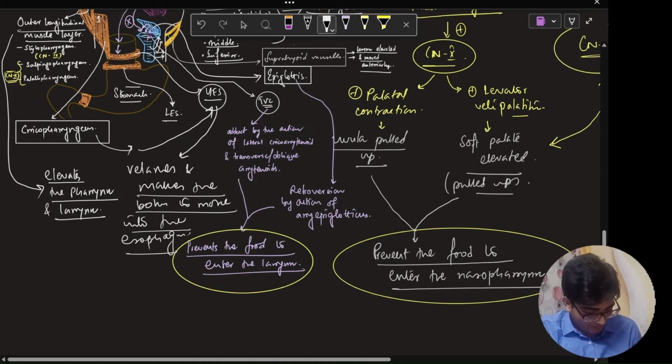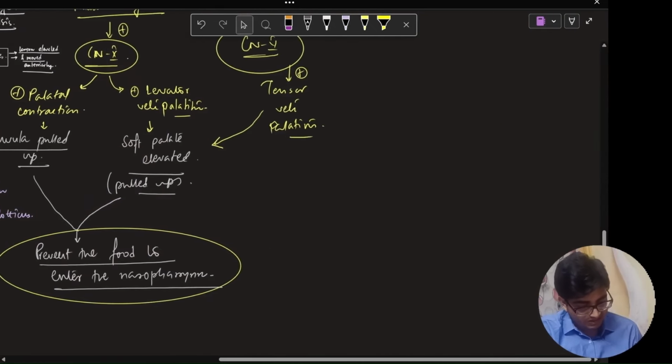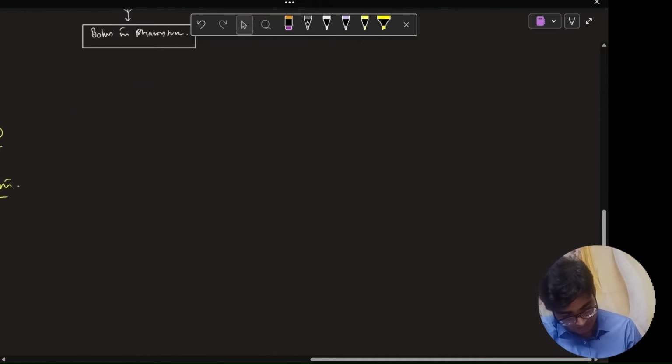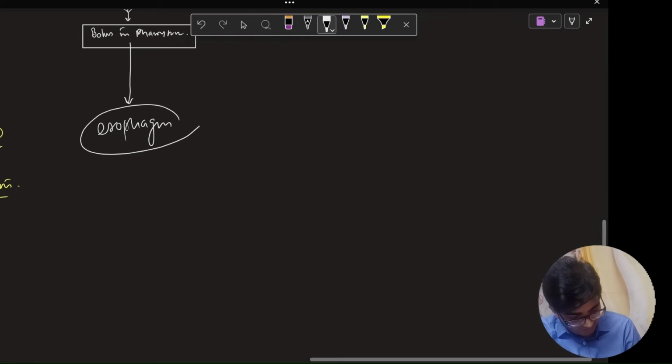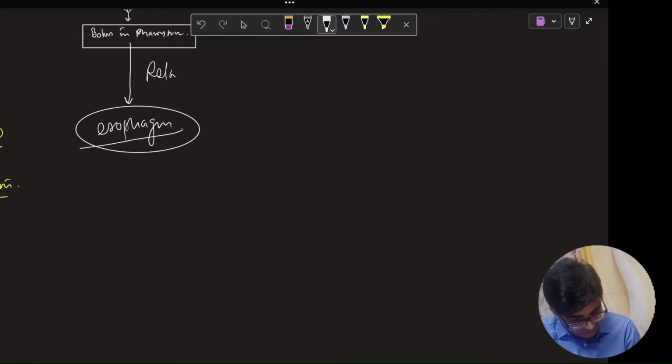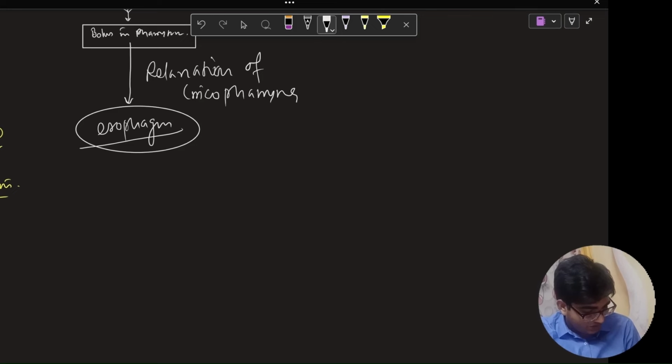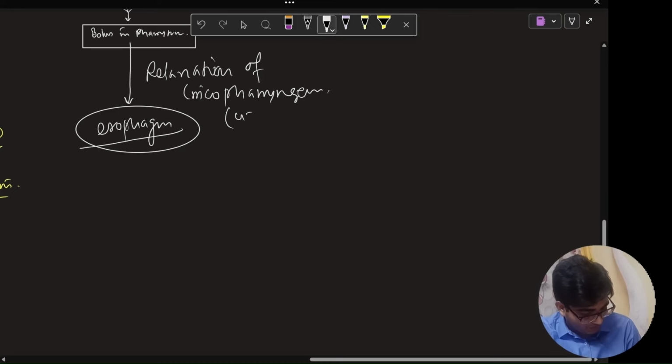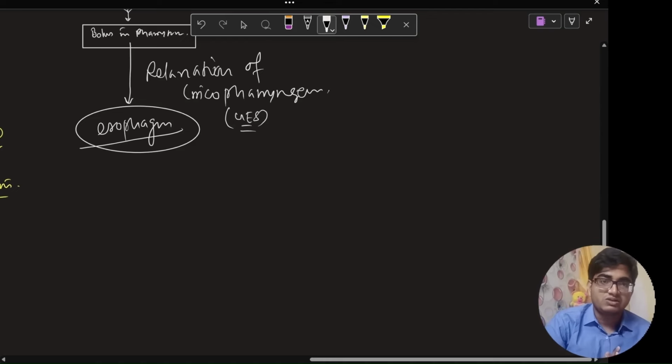So lastly, obviously, for the bolus to reach the esophagus we need the relaxation of the cricopharyngeus muscle, which is nothing but the upper esophageal sphincter. Correct? So that's all regarding today's part on the pharyngeal phase of deglutition.